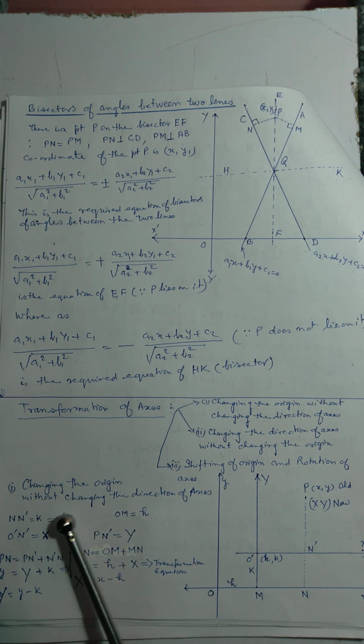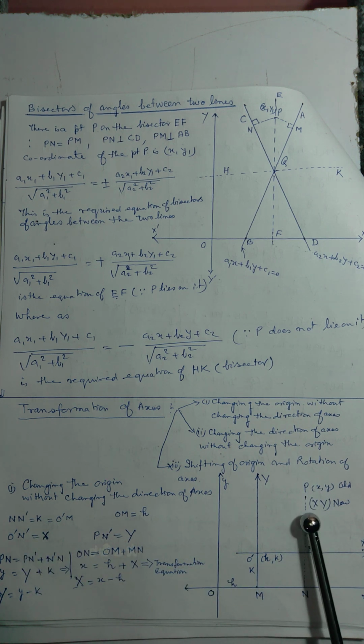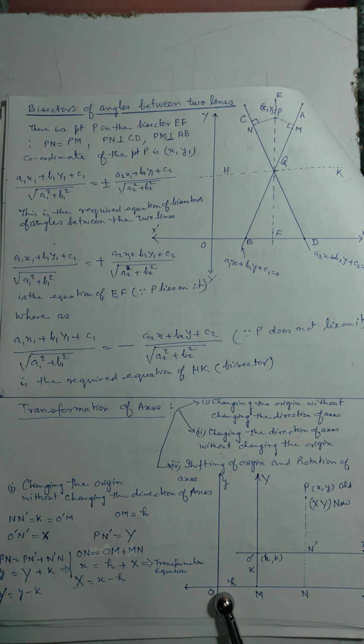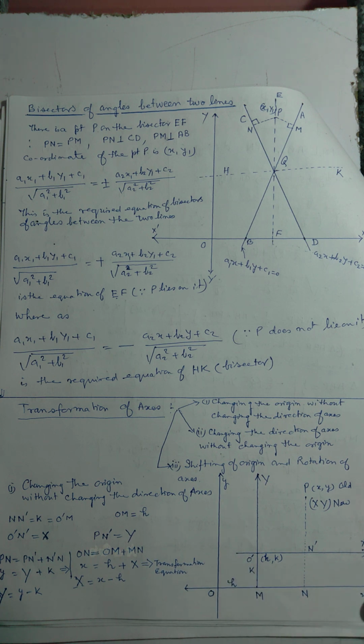There is a point P whose coordinate is (x, y) from the old, initial axis, OX and OY.